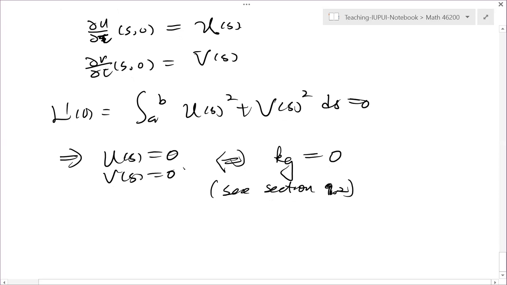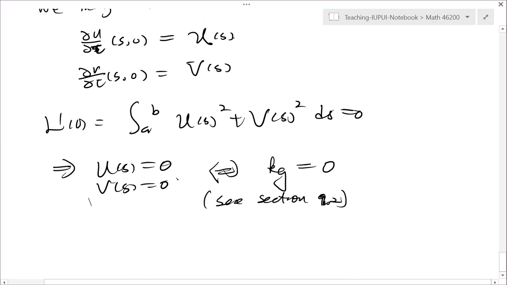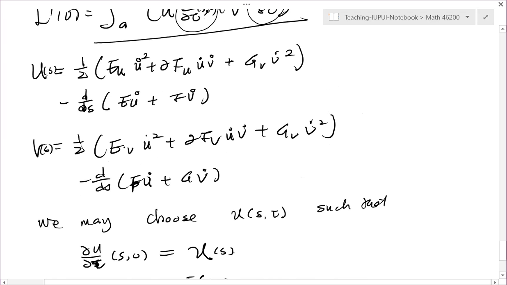So we can characterize these locally minimizing curves by two partial differential equations. And those two equations are here.